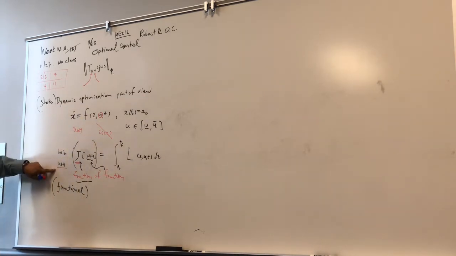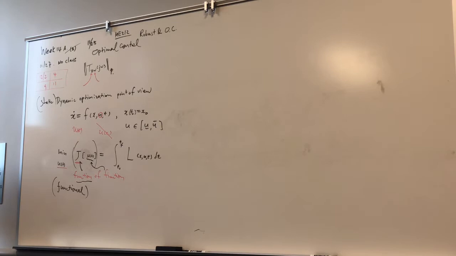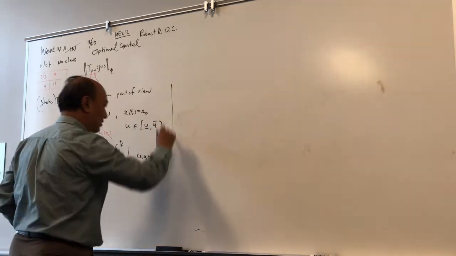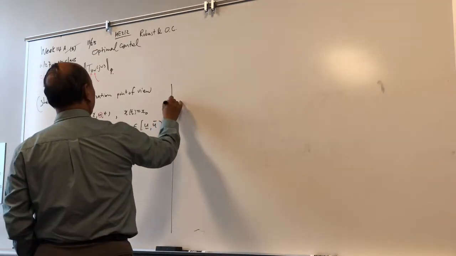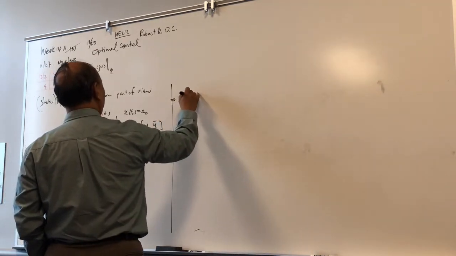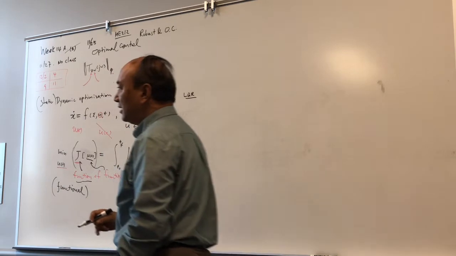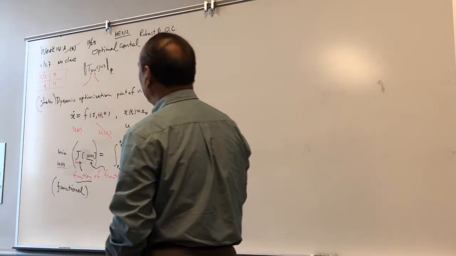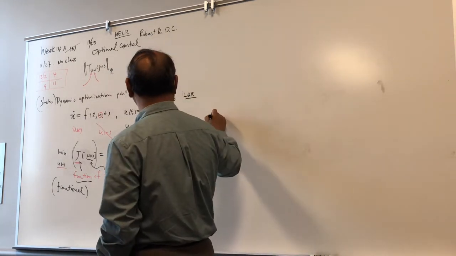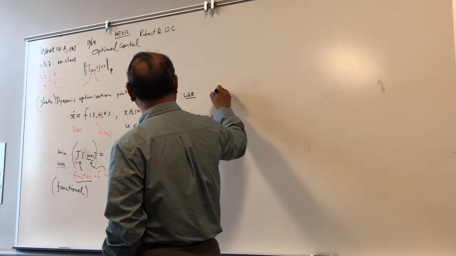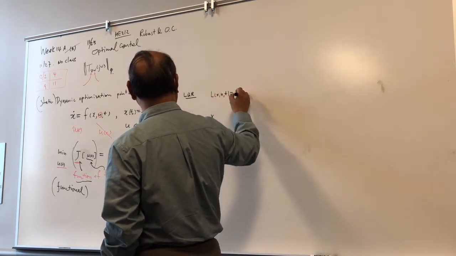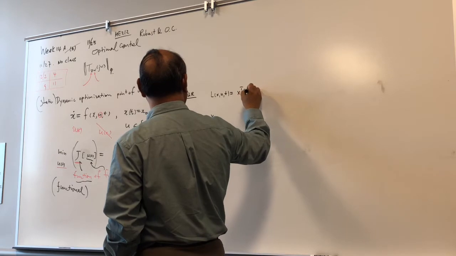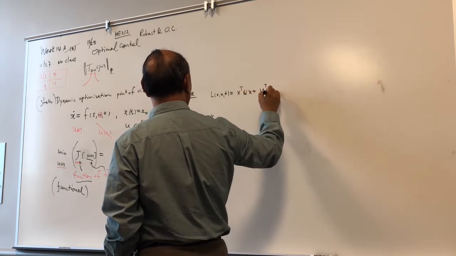Because of this nature, everything we learn from here, in a specific case, we can talk about the LQR problem, linear quadratic regulator problem. In a very specific case, say for example, L(x, u, t) is written as x transpose Qx plus u transpose Ru.